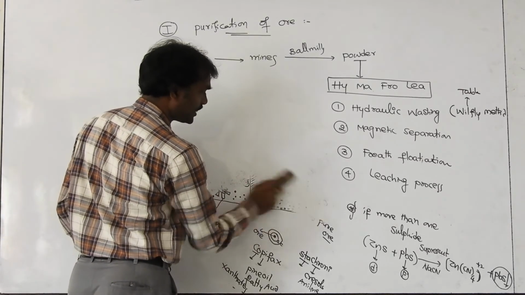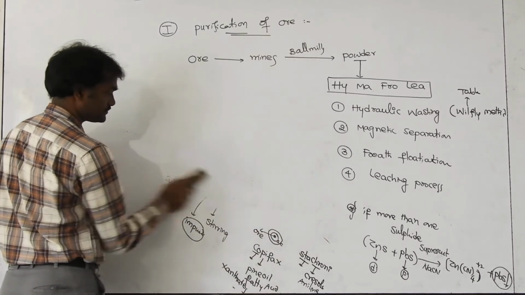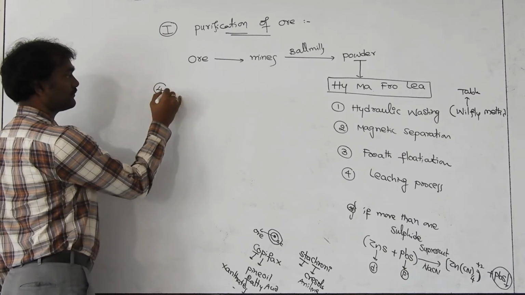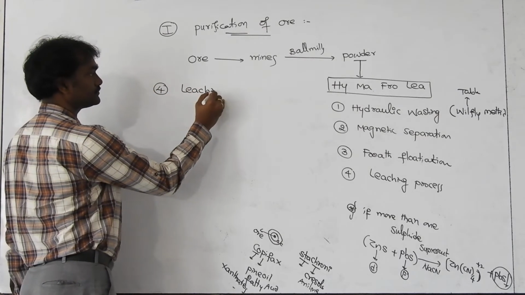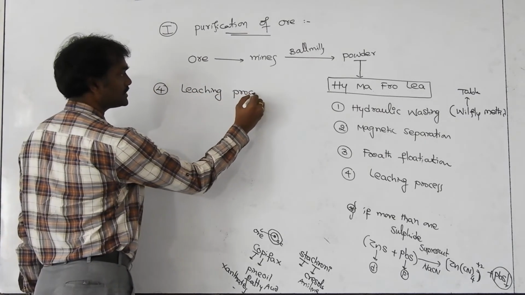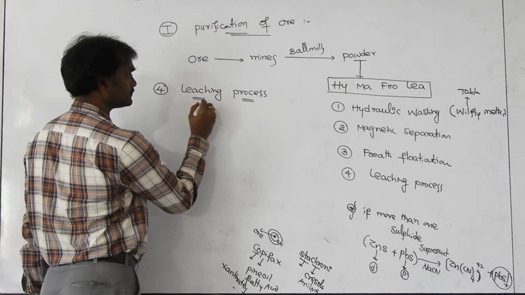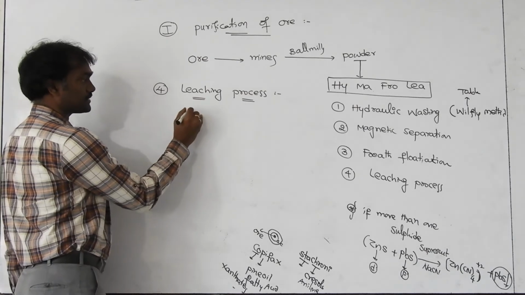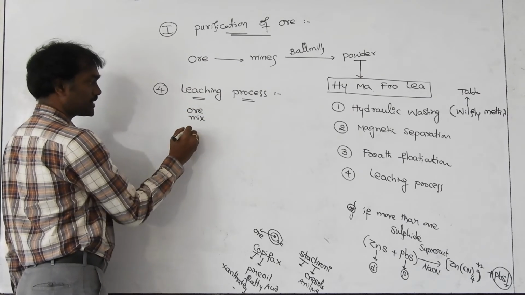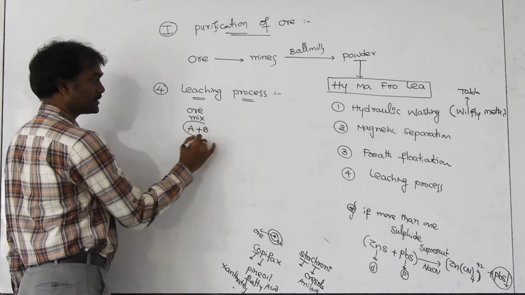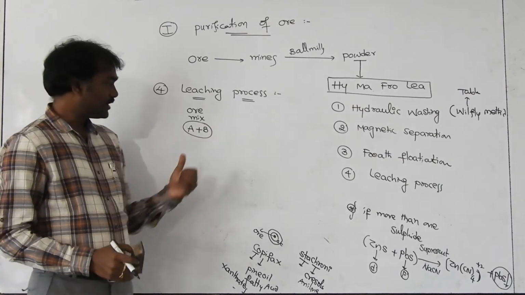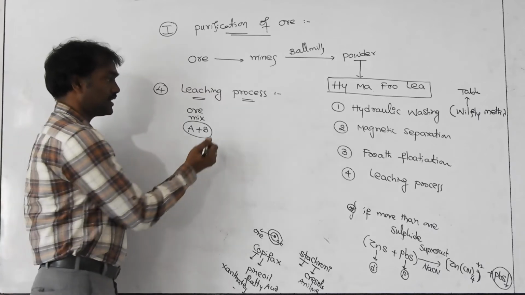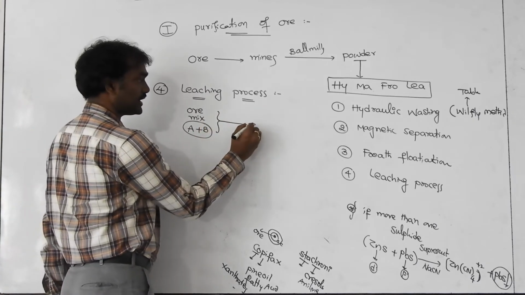So what is the meaning of leaching? See here, the fourth one we are discussing, leaching process. Suppose the ore mixture contains two compounds, A and B. One compound is soluble in one reagent, and B is not, meaning B is soluble in another.